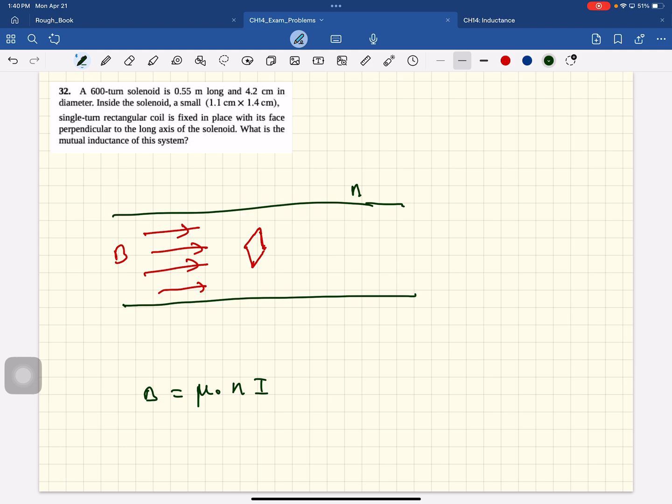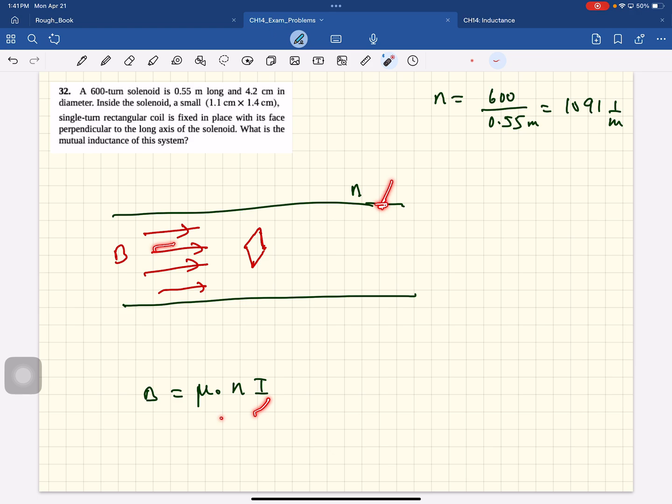So n is 600 divided by 0.55 meters. Okay, so n is 1091 per meter. So that's the magnetic field when a current I flows in the solenoid.